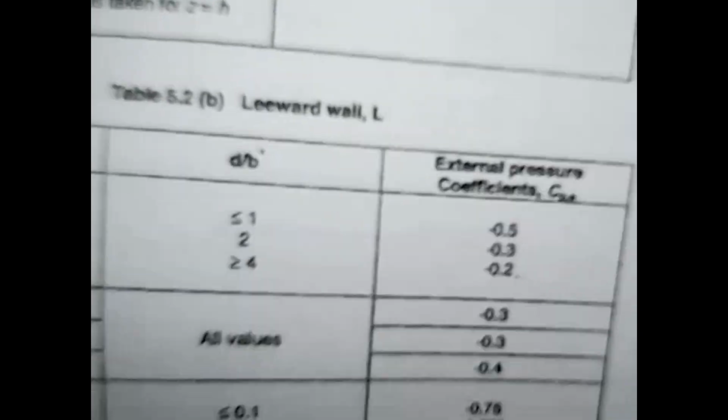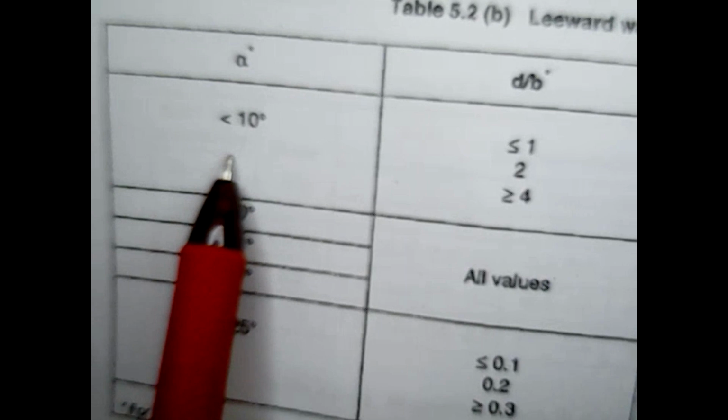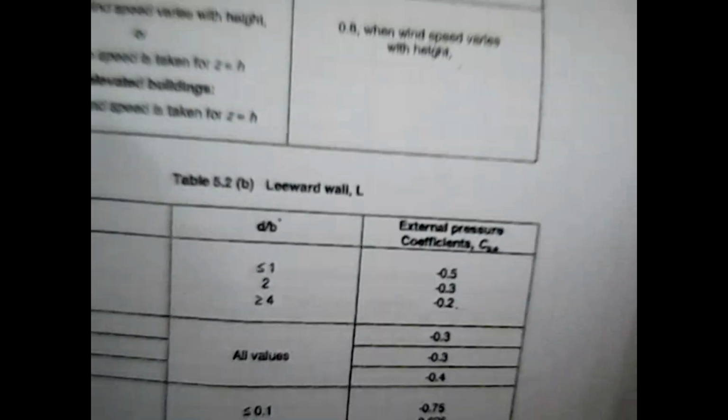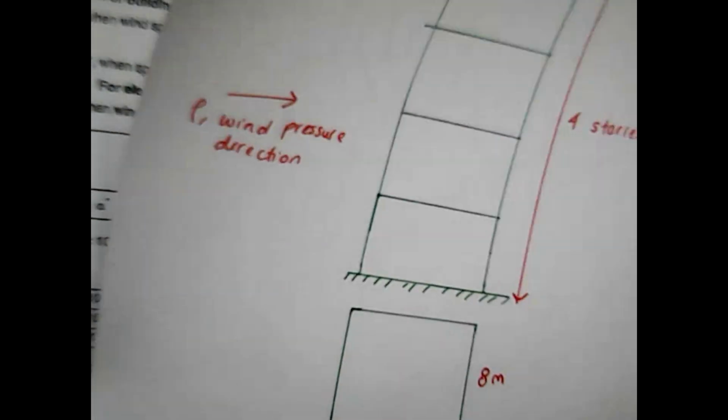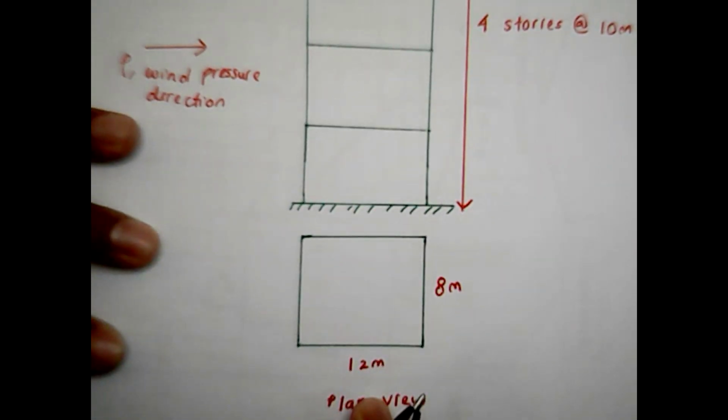So we can see that our slope is categorized as less than 10. For D over B, you need to go back to this: which is our D, and which is our B?